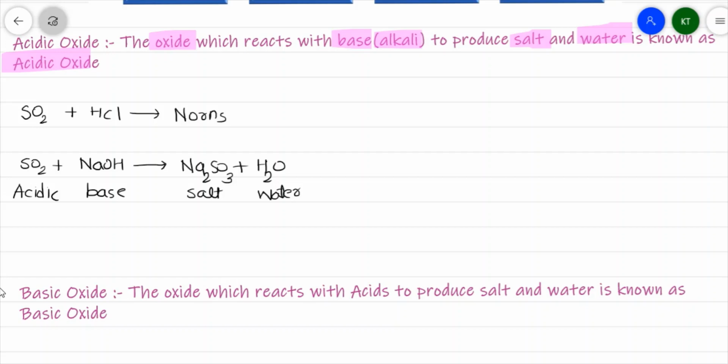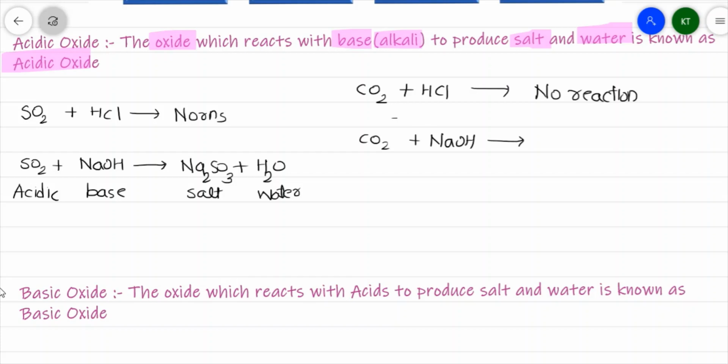Now, let me take another example, carbon dioxide. I react it with HCl, and I react carbon dioxide with NaOH. When I react with HCl, there is no reaction, because carbon dioxide is acidic in nature.